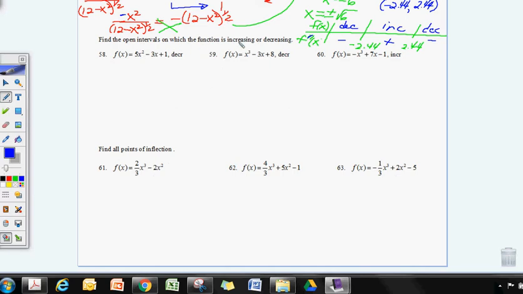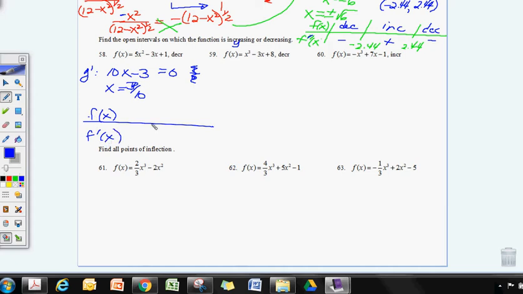So increasing, decreasing, first derivative. So y prime equals 10x minus 3. Set it equal to 0, I can work it. When I set 1 equals 0, it's not going to happen. So x is going to equal 3 tenths. So in my graph, f of x compared to f prime of x, I have my 3 tenths on there.